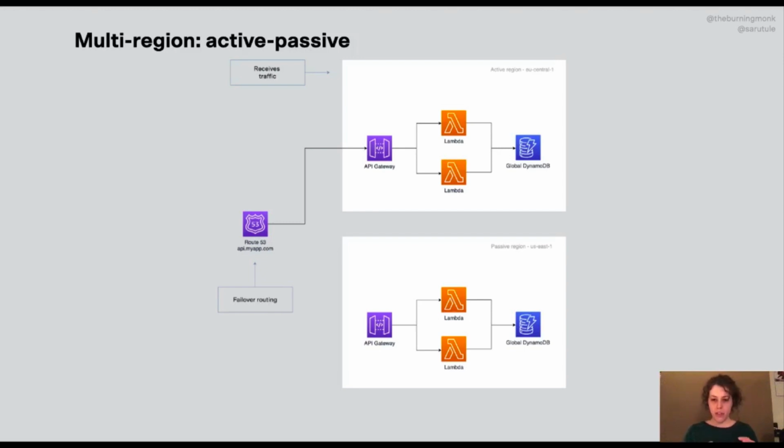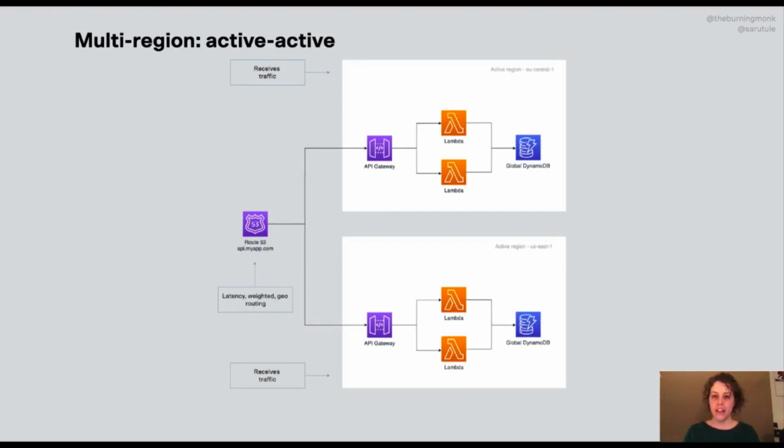You can implement this pattern in Route 53 with failover routing together with Route 53 health checks that constantly ping the regional stacks, both of the active and the passive regions. If the active region becomes unhealthy based on these health checks, then the passive region takes over and the traffic is no longer sent to the old active region, but gets sent to the passive region that is promoted to new active.